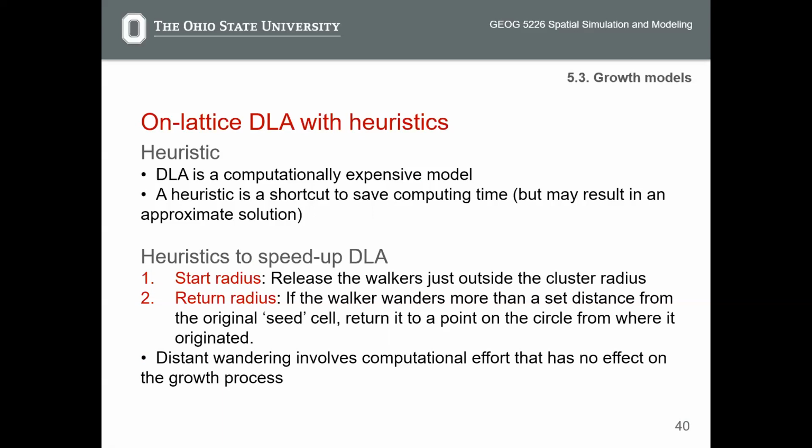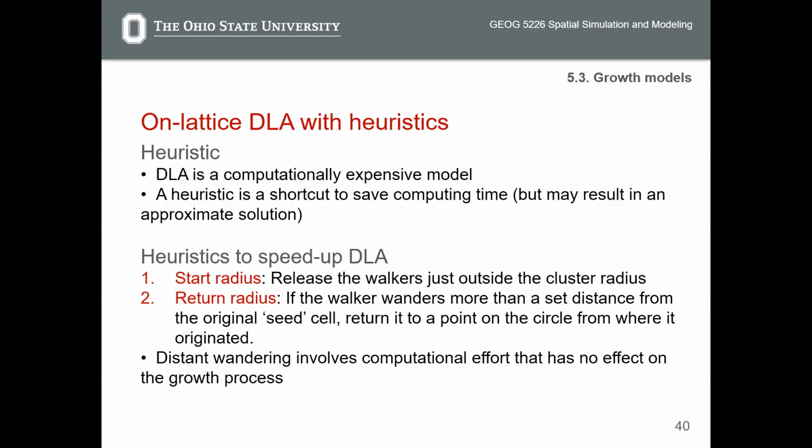But when you release it, let's just assume we use simple random walk rules for this walker. It will literally random walk across the space until it touches the seed. So you actually don't know how long it will take.